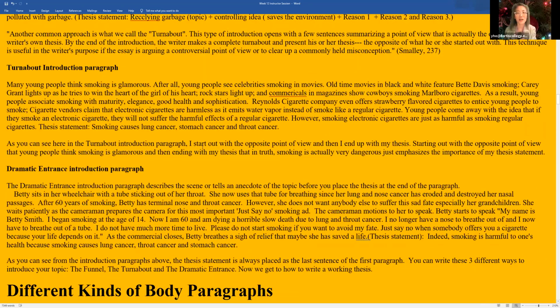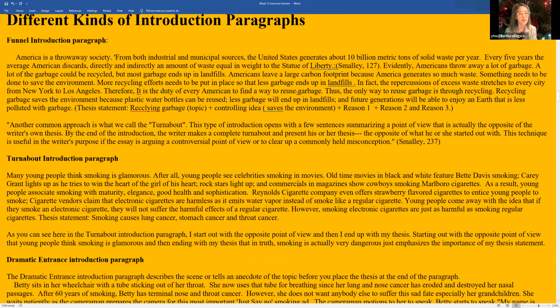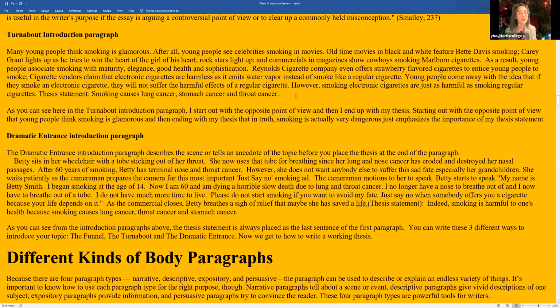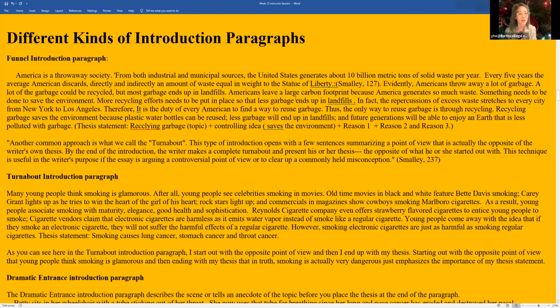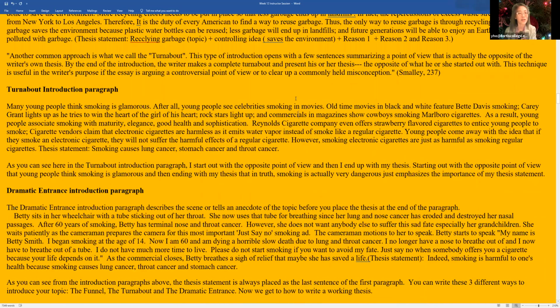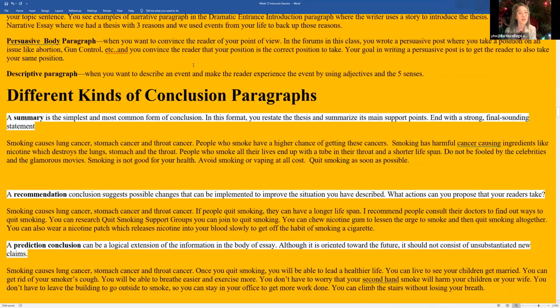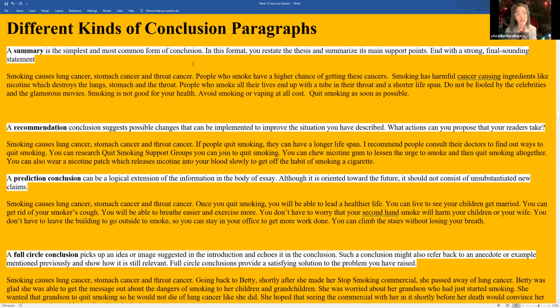Is this all a review of what you learned in school already? Yeah, it was basically a refresher for me. Yeah, I remember learning a lot of this in high school. I learned the funnel in grammar school. Then I learned all the other stuff in high school. And I remember learning the summary conclusion in grammar school.